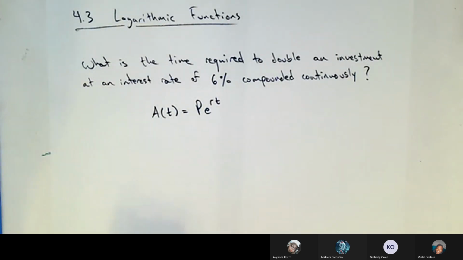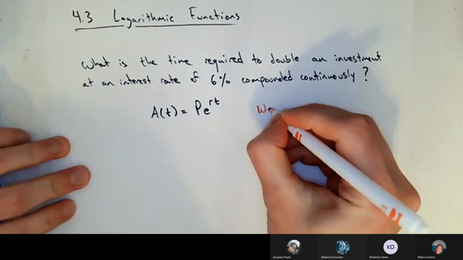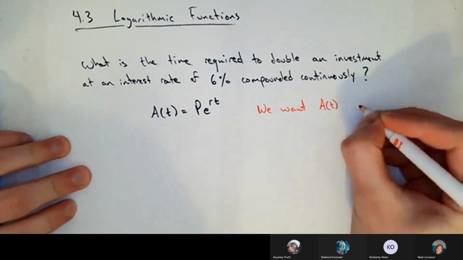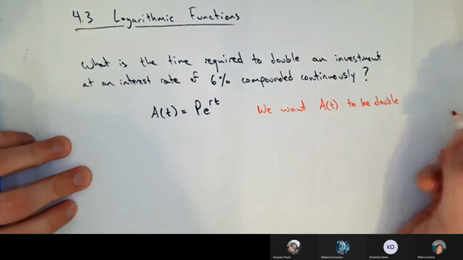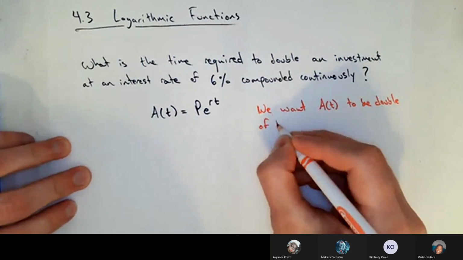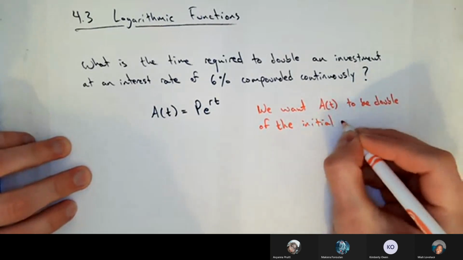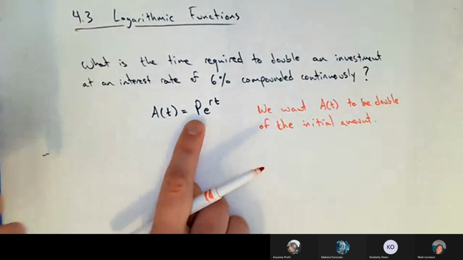So that's the formula. Here's something to note: I want A of t to be double the initial amount, right? That's the question. The initial amount is P, the principal.